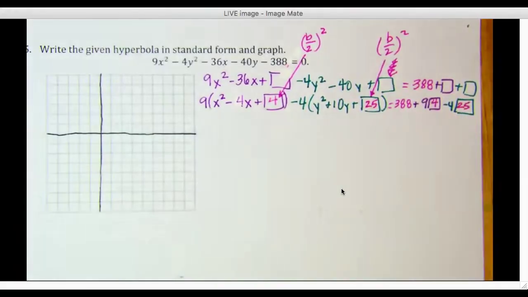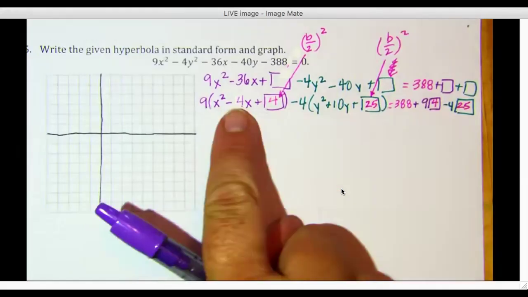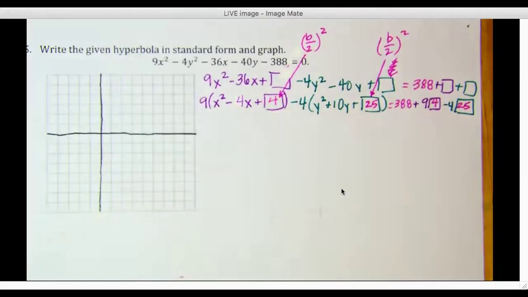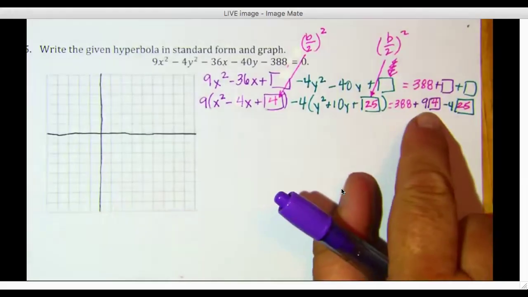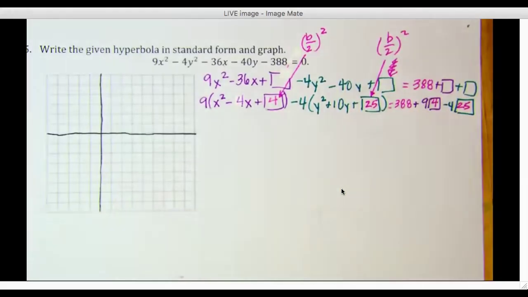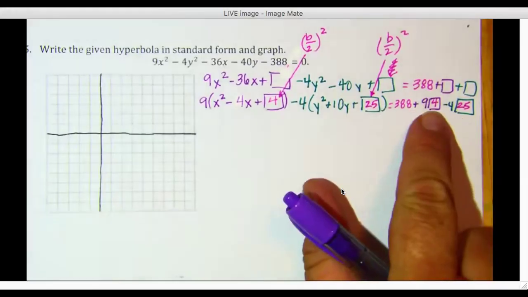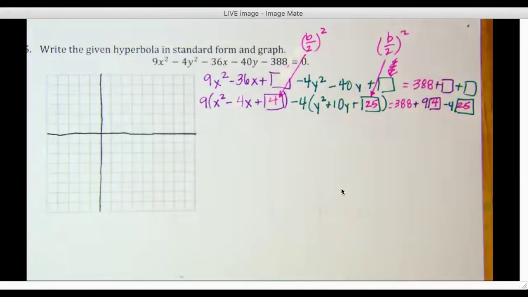Okay. So the hardest part with these problems is keeping the steps organized. The math we're doing is not that hard, but it's keeping all of this organized. And I really like using color coding with this because I think it helps keep everything organized. And writing the 9 times the box and the -4 times the box helps you remember that you're actually adding 9 times 4 and -4 times 25.